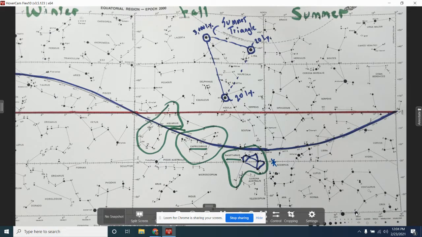Yet, it's still in the top 20 brightest stars in our sky. Think about what that means. It's 3,000 light years away, and it's still one of the brightest stars in our sky. What does that mean? It means Deneb is an absolute ginormous stellar monster.